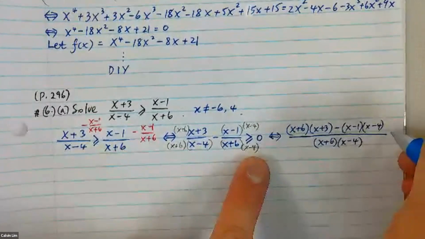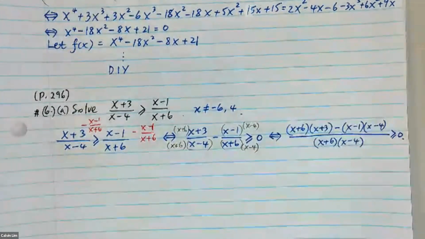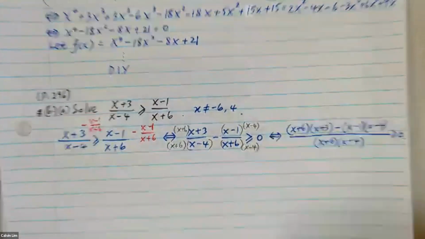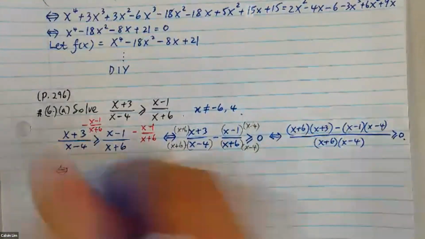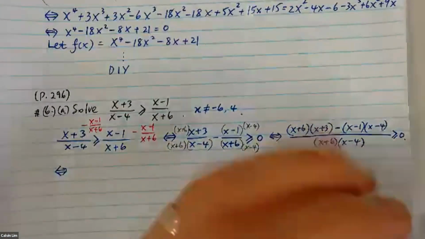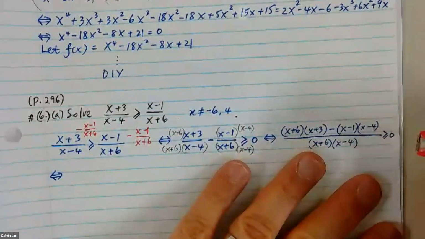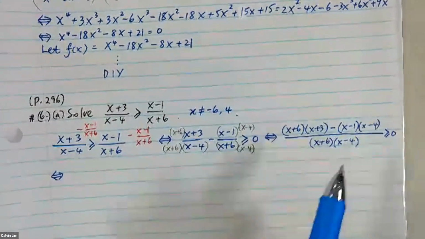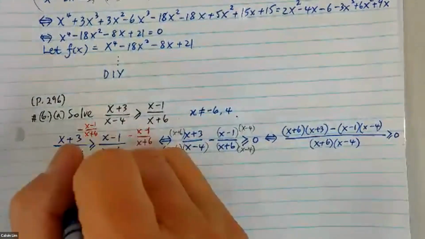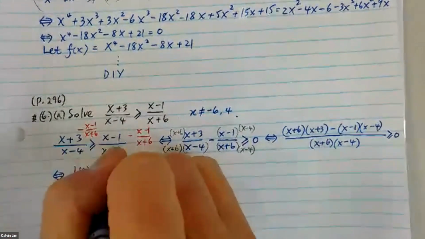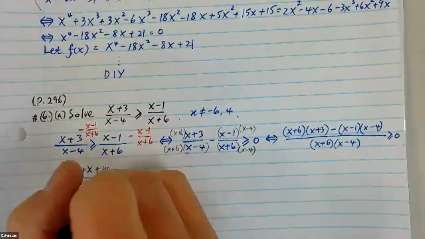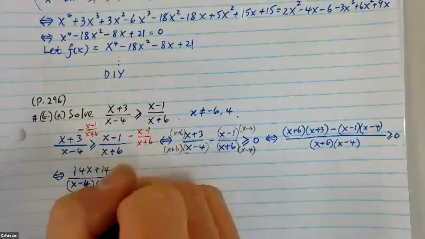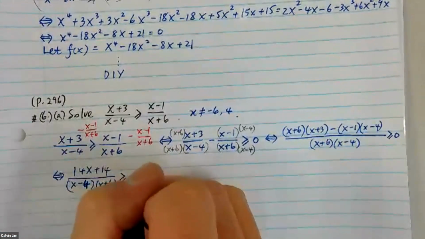The inequality sign stays. Now I can simplify the numerator. Distributing and simplifying the numerator gives us (14x + 14)/((x - 4)(x + 6)) is greater than or equal to 0.